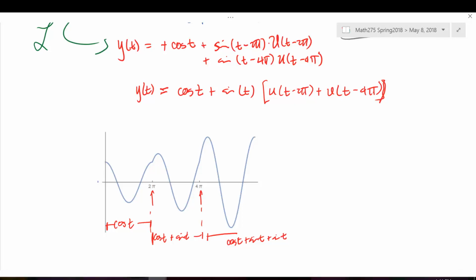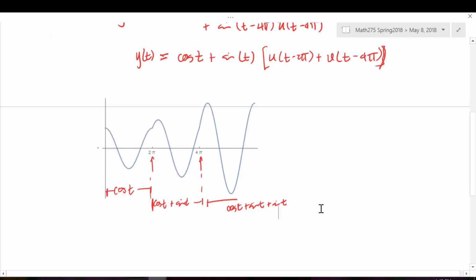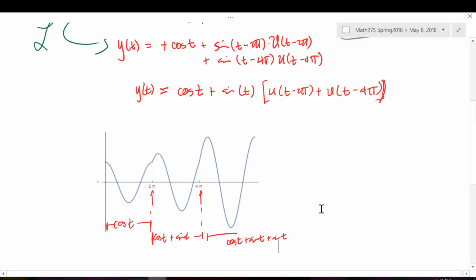There's a little bit of a bump up here at 2 pi, and then a less subtle, but still a bump at 4 pi. And then you can find the amplitudes by just combining the sine and cosine functions together. Right, the amplitude is like the square root of the sum of the squares, something like that. So there's a formula to figure out the amplitudes.